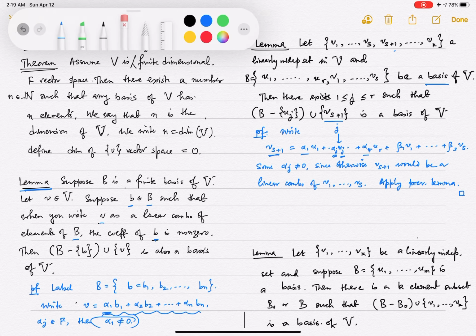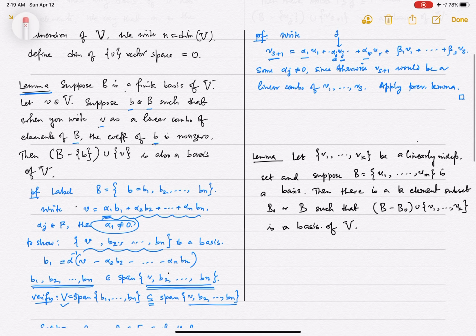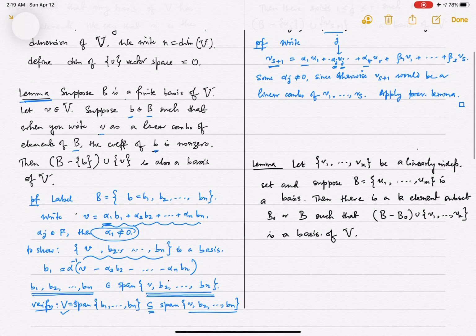The next one says, let V1, V2, ..., Vk be a linearly independent set, and suppose U1, U2, ..., Um is a basis for the vector space.